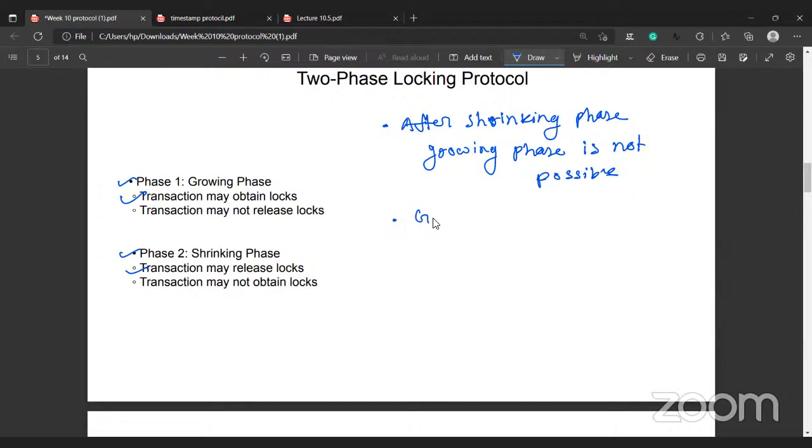The growing phase is compulsory, and the shrinking phase is optional.